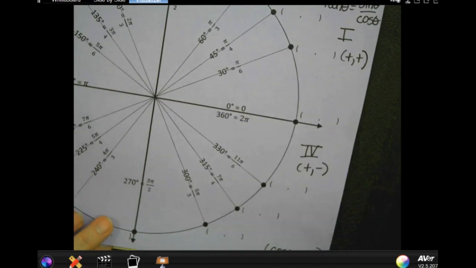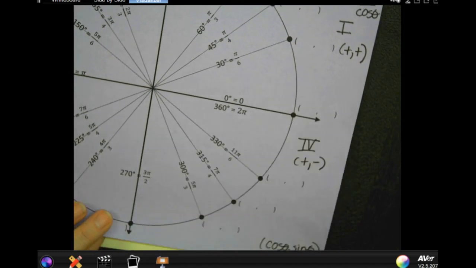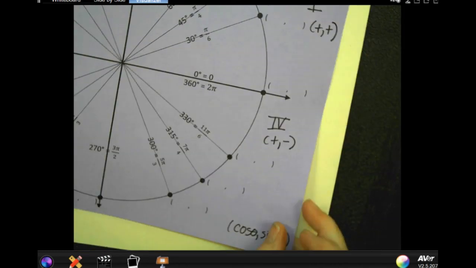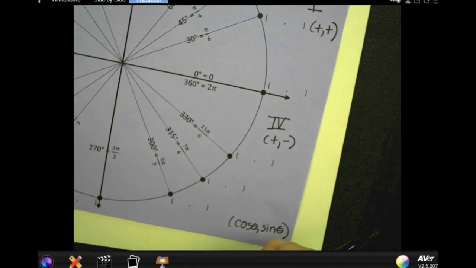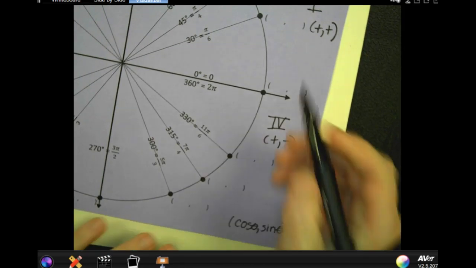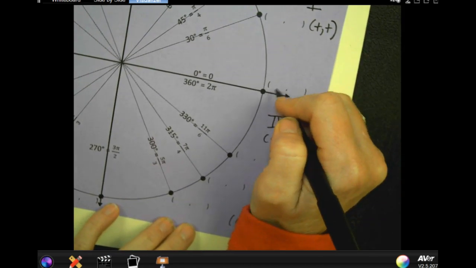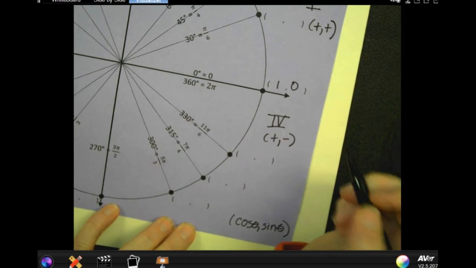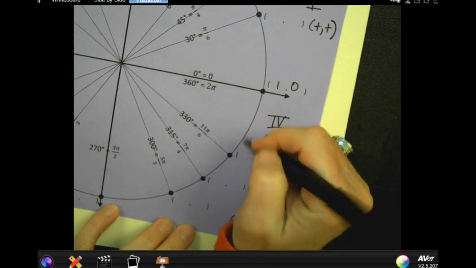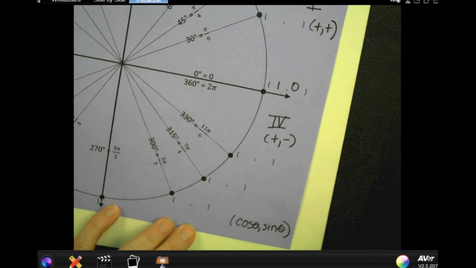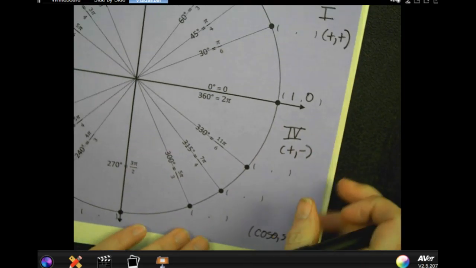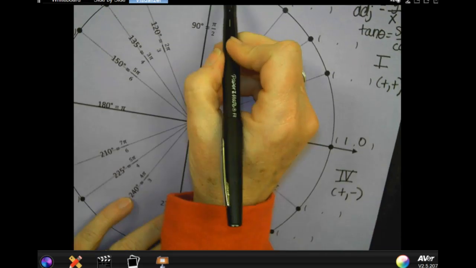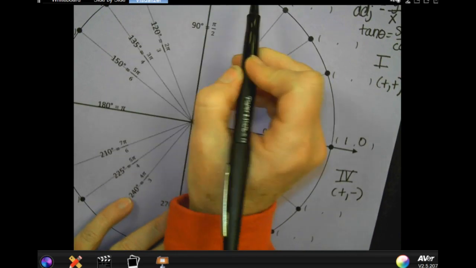So the next thing I want to do is look at the quadrantals. That's the 0, the 90, the 180, and the 270. So at 0, I have 1 and 0. The radius is 1, and I'm not up or down any y values. So what happens at the 90? Do I have any x's?